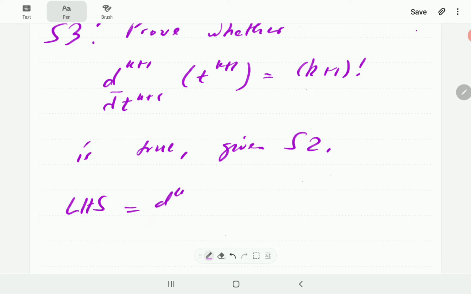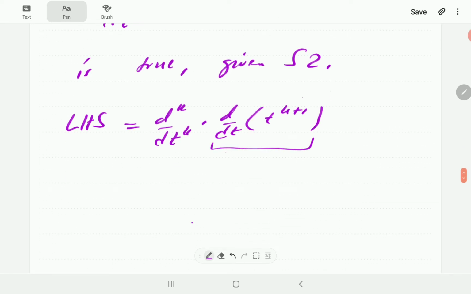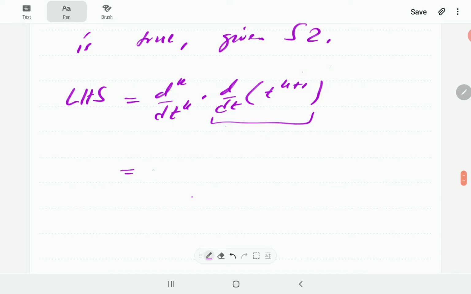So if we split this into the kth order derivative of the first order derivative, and then we're going to evaluate this one. So if we evaluate that one, the derivative of t to the power k plus 1 is simply k plus 1 times t to the power k.